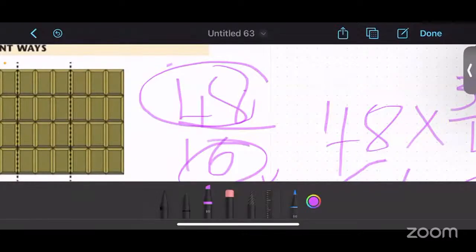So that means the numerator has to be more if you are turning this into a different fraction or mixed fraction. If it's a mixed fraction, it qualifies. Ma'am, is it 3 over 16?